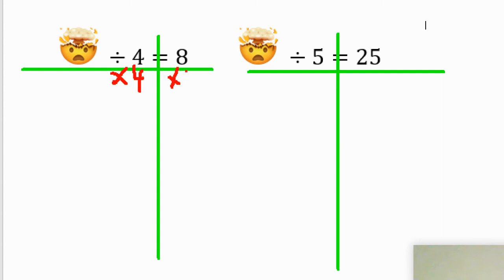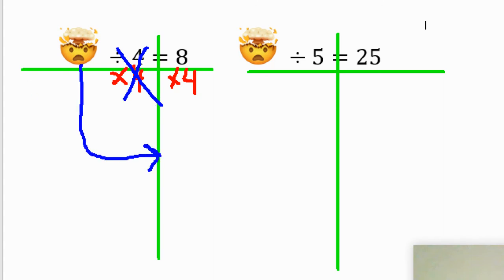Something divided by 4 equals 8. If I took 20 cookies and I divide them into 4 groups and then I put them back by timesing them by 4, I'd have 20 cookies. I'd be right back where I started. So that's why this equals 1. 1 times mind blown equals mind blown.